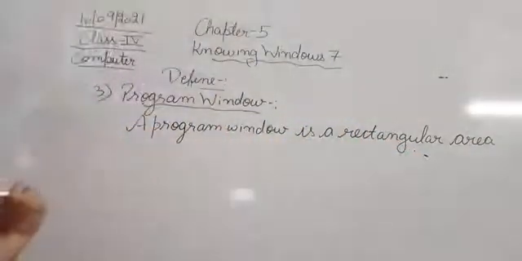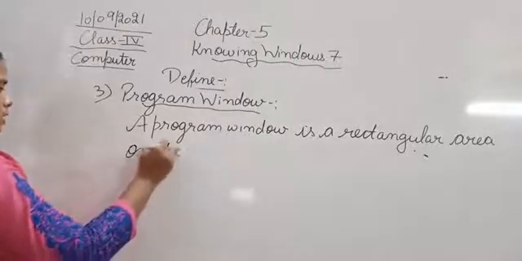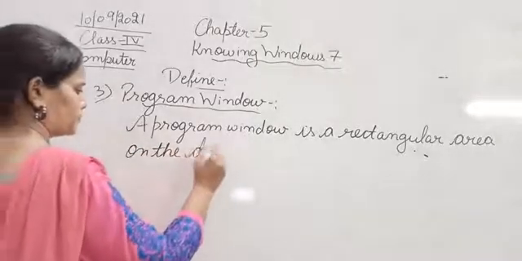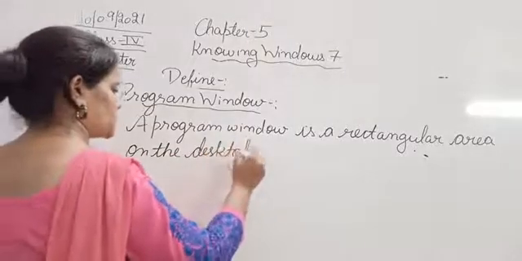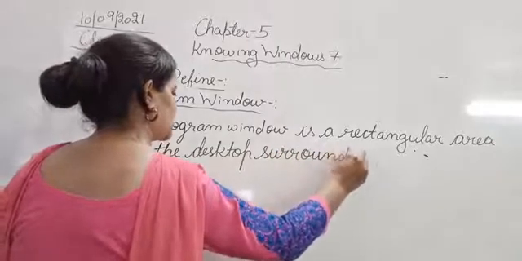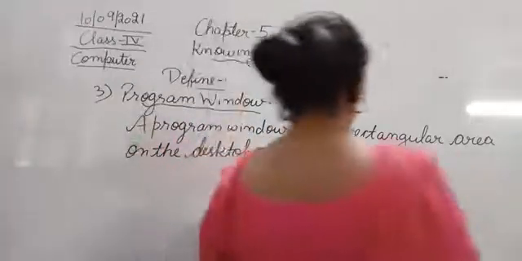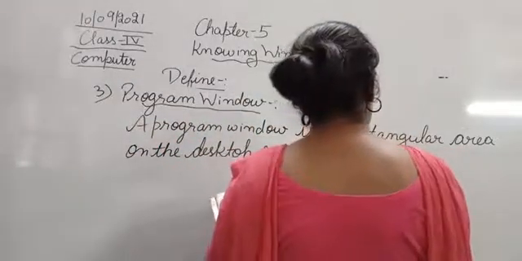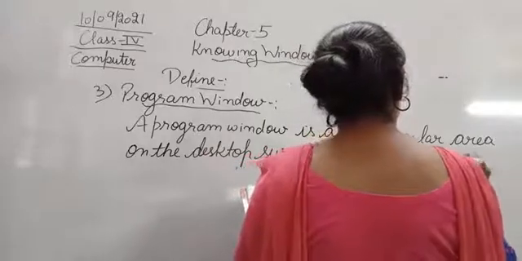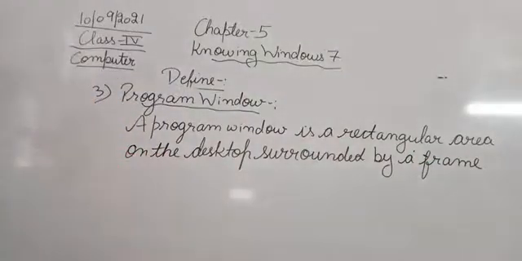A program window is a rectangular area on the desktop surrounded by a frame.